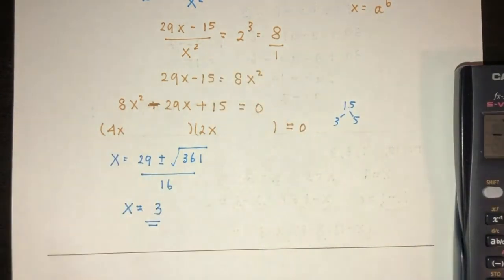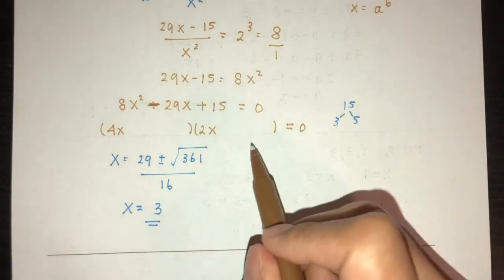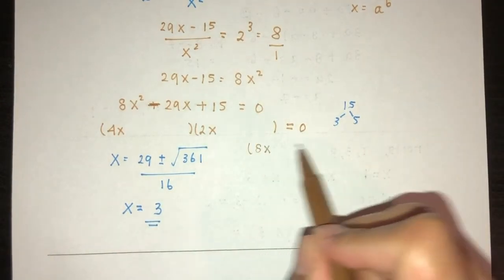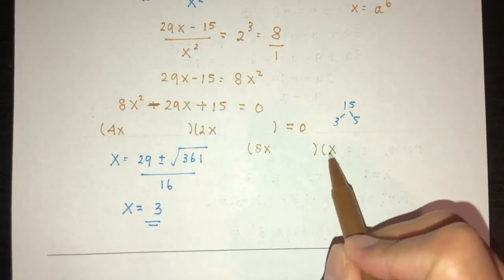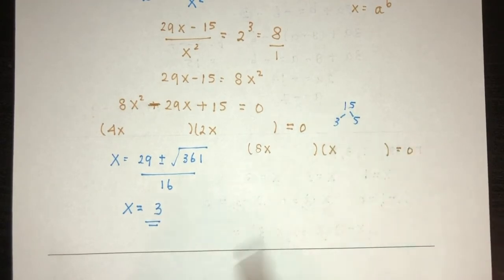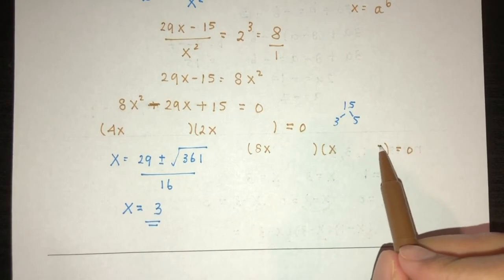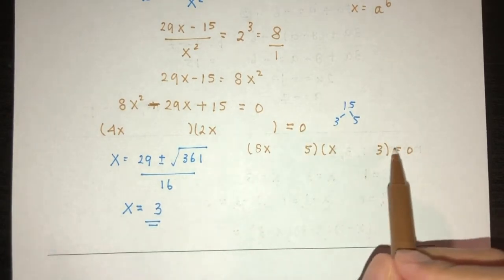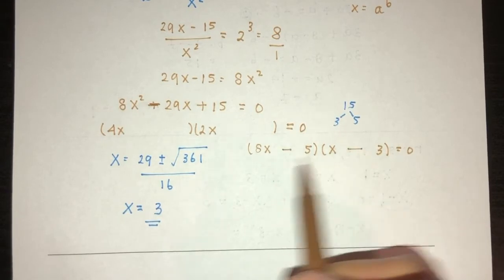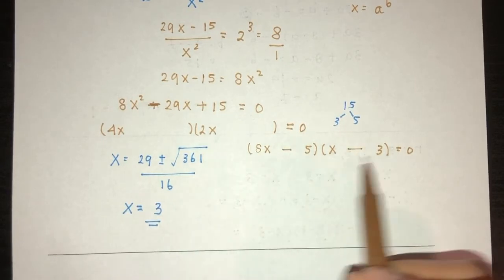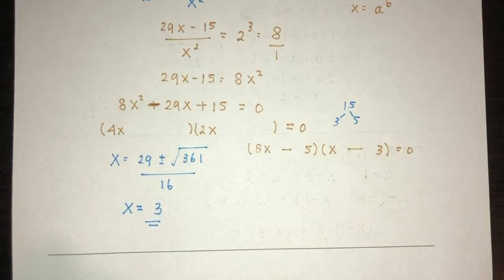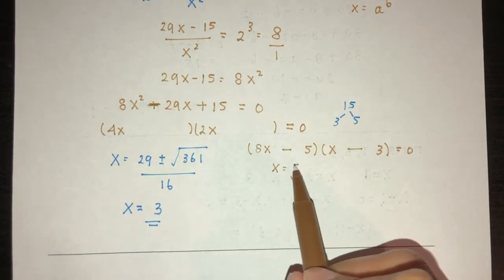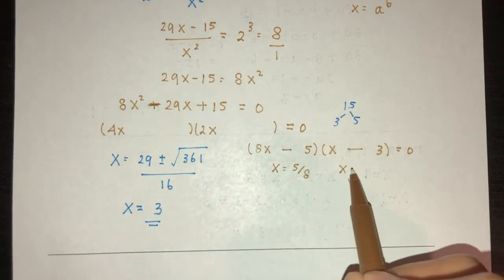Maybe I should have used 8x here and x here, and then 3 and 5. By factorizing like this, minus 24 minus 5 will give you minus 29. So x could have been 5 over 8, or x could have been 3.